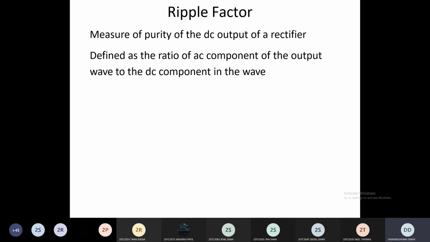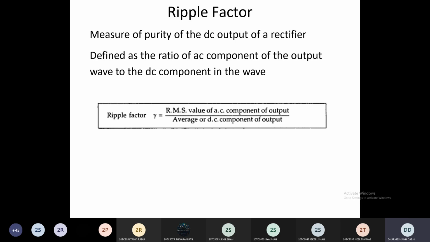Now the next term is ripple factor. The ripple factor indicates the purity of the output DC voltage of a rectifier. It is defined as the ratio of the AC component of the output wave to the DC component in the wave. And this is the equation of ripple factor.